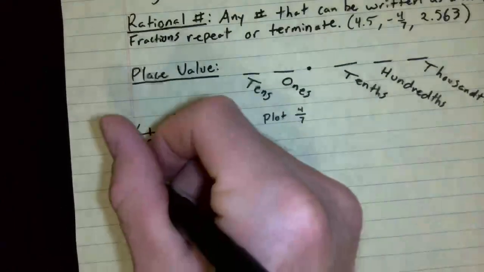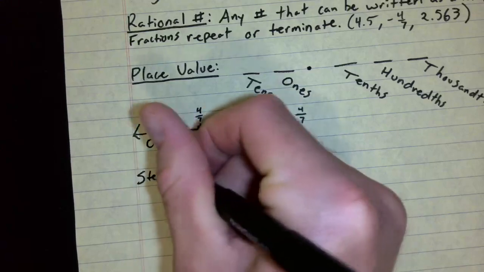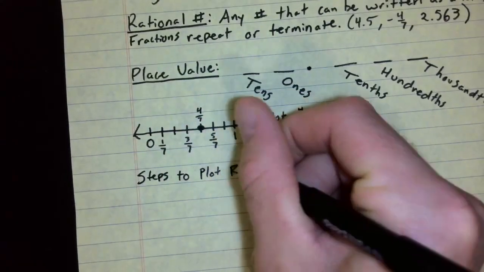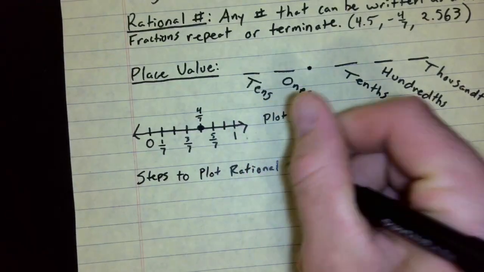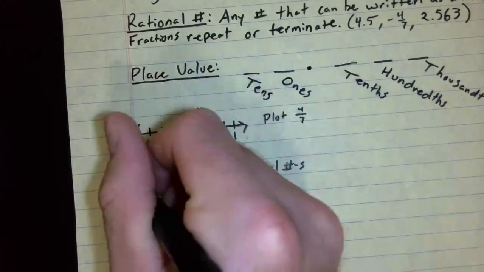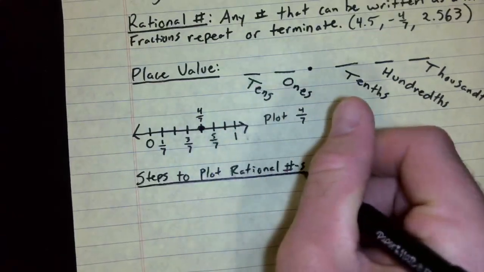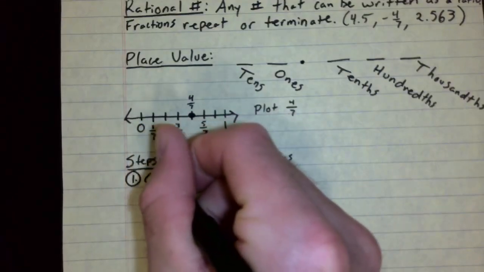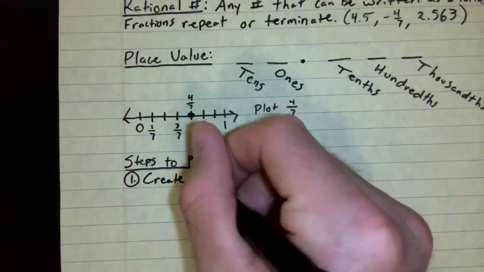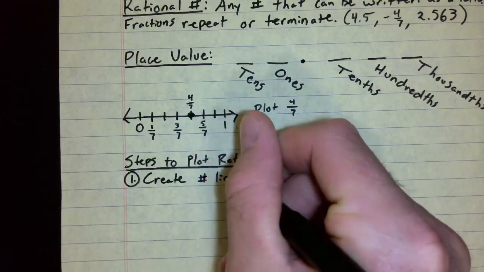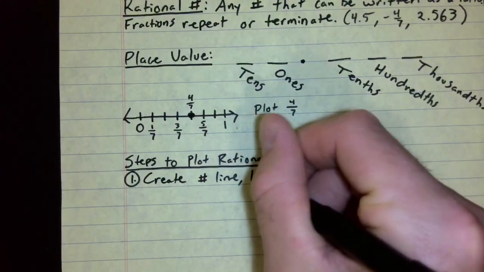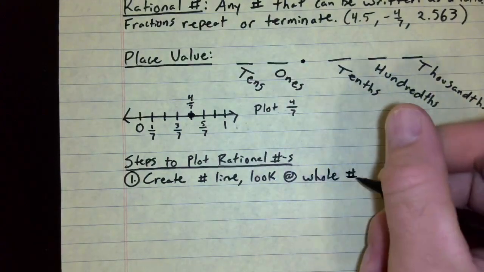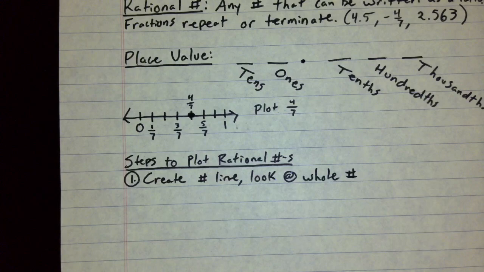So there are 3 simple steps to plot rational numbers. Okay? Step 1 is to create a number line and look at your whole number. So step 1 is just create a number line and look at your whole number.